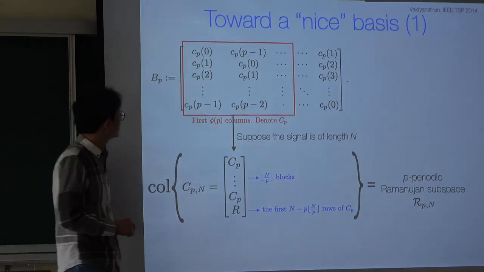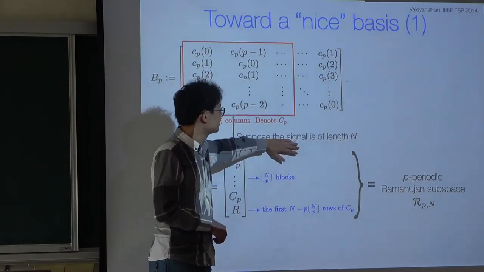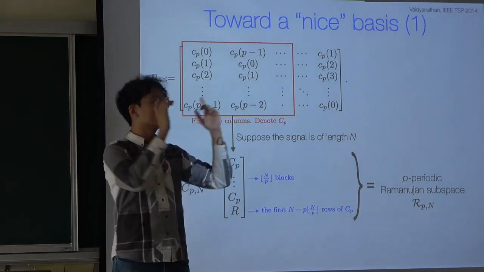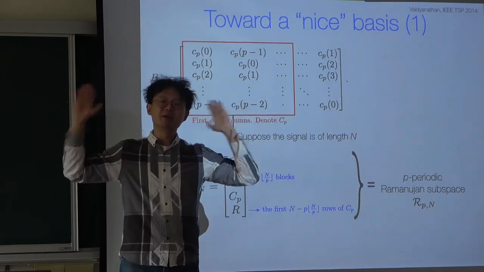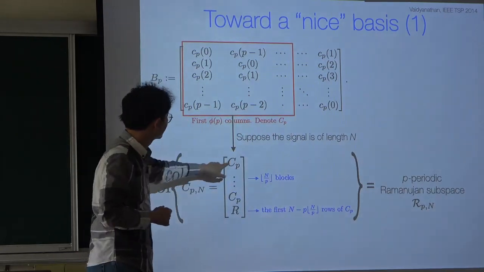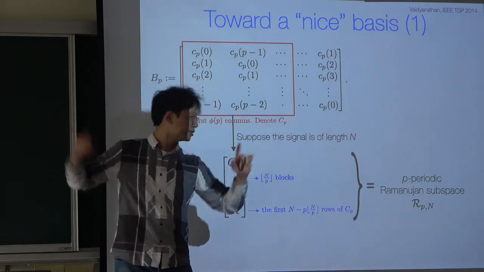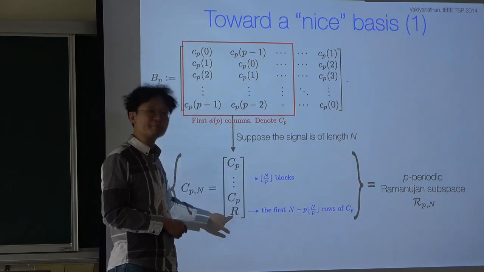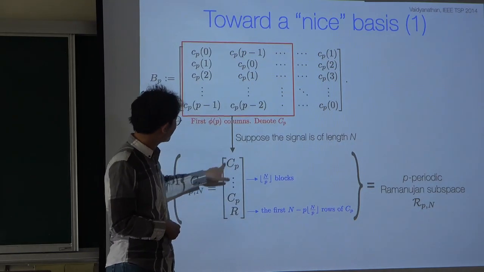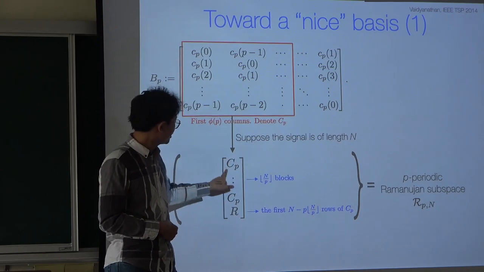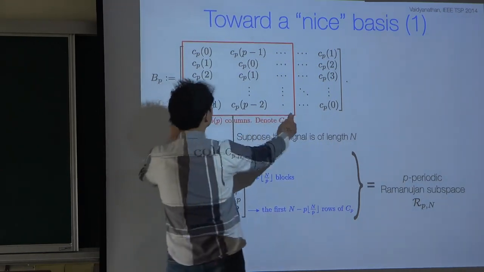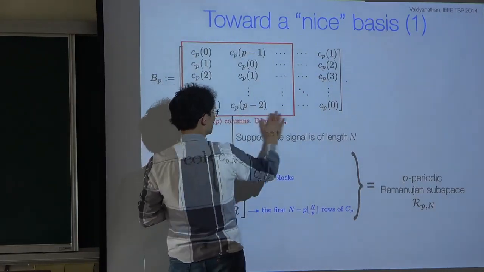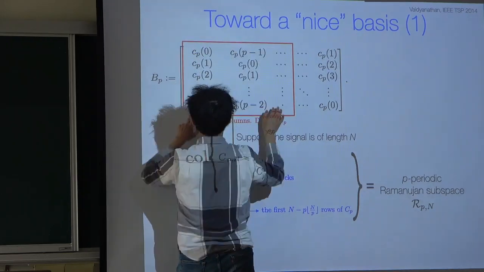So what you do is the following. Suppose we have a signal of length N. Then we want to capture signals of period p. So we truncate the signal of length N into N divided by p blocks with the remaining part. And for each block, we put this matrix, a submatrix. You just take the first phi(p) columns of B_p.